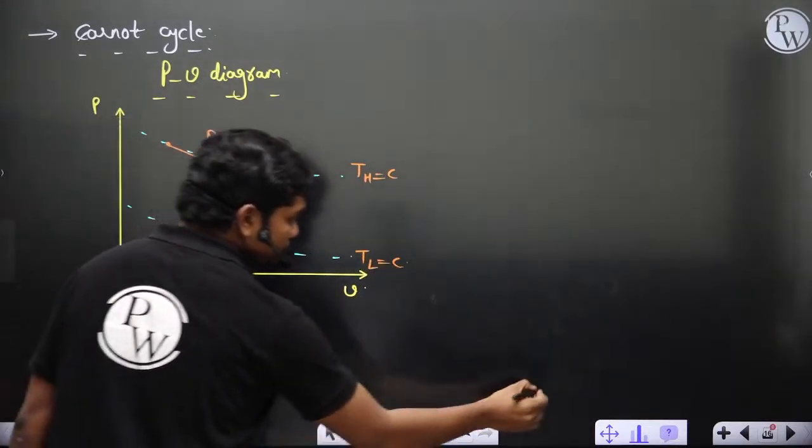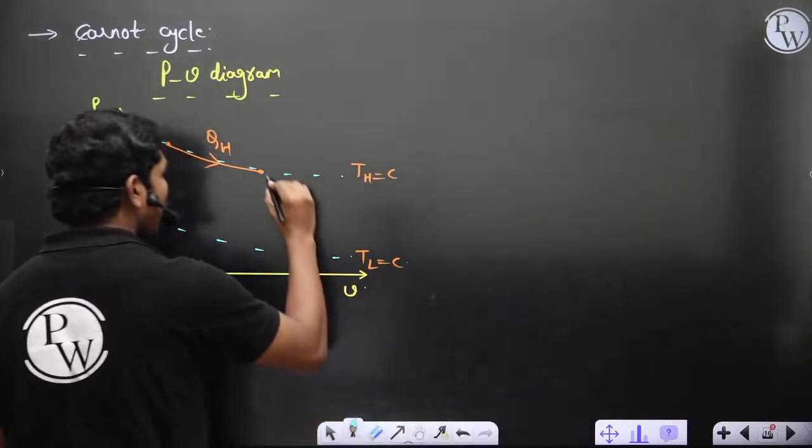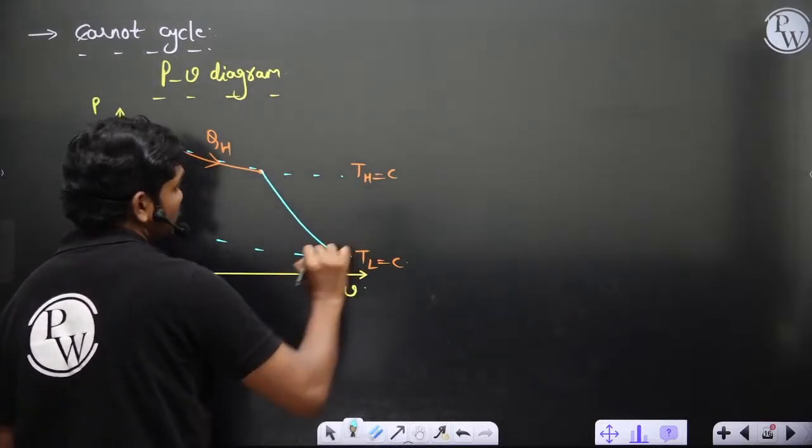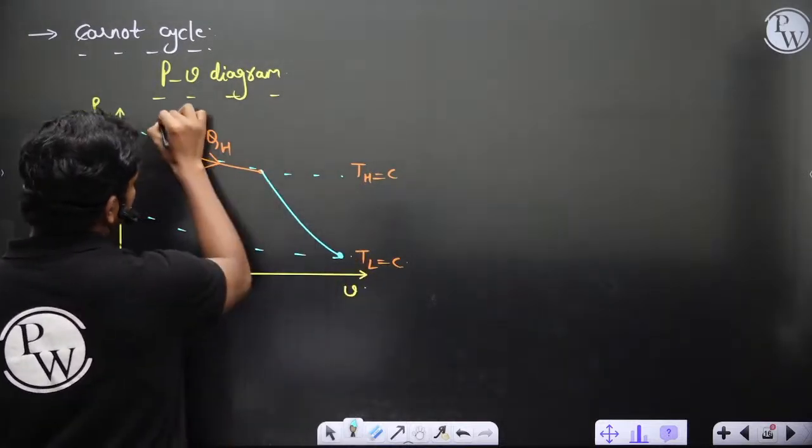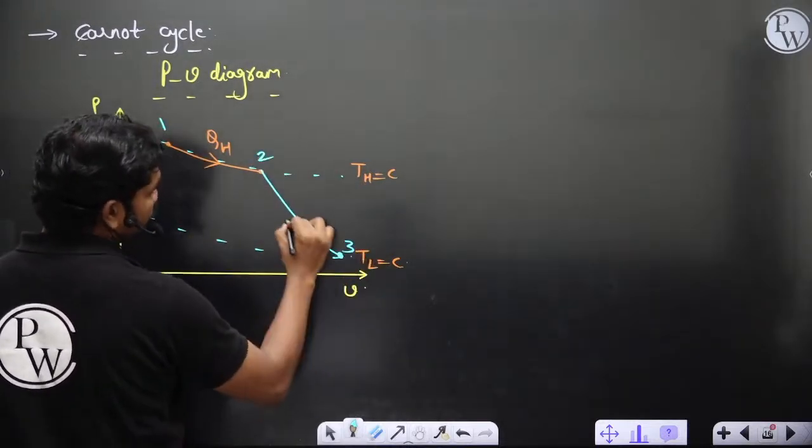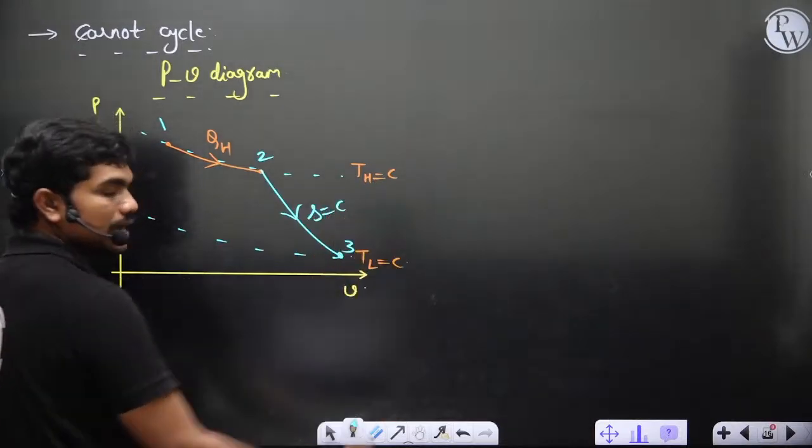Then from high temperature to low temperature you have an adiabatic expansion at a higher slope. So 1, 2, 3, this is isentropic expansion like this.